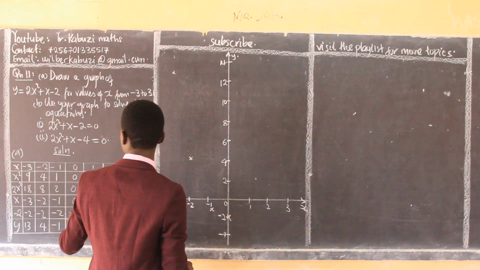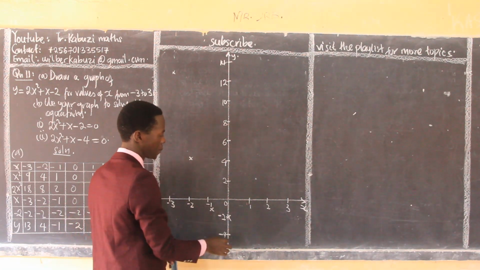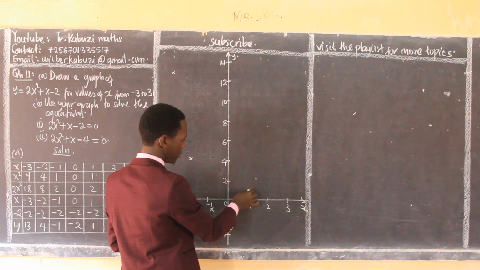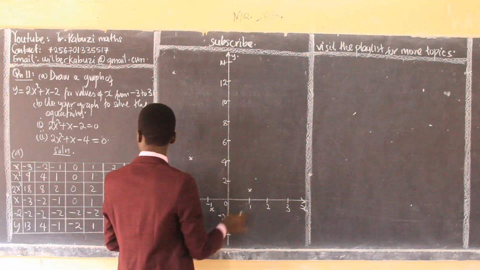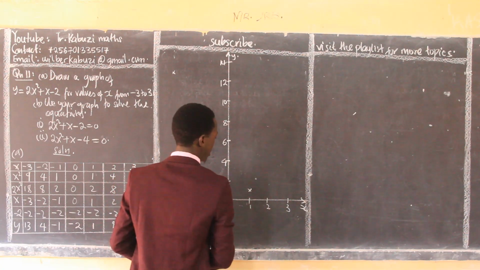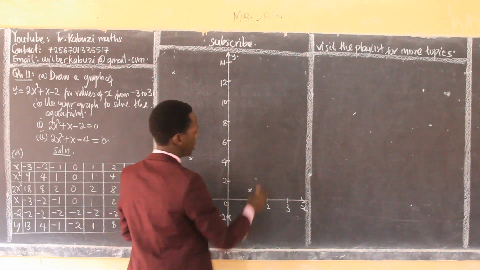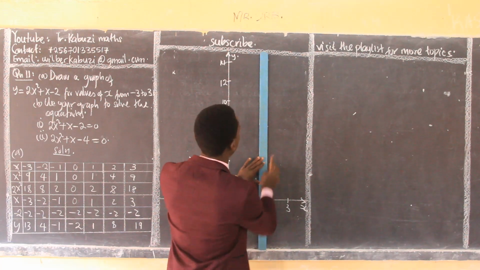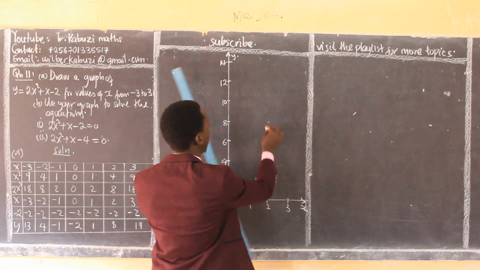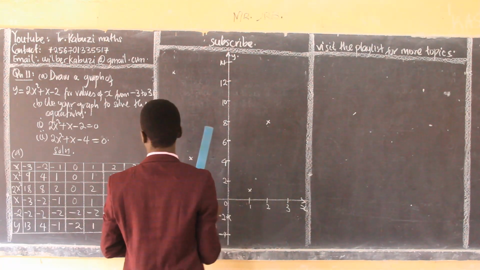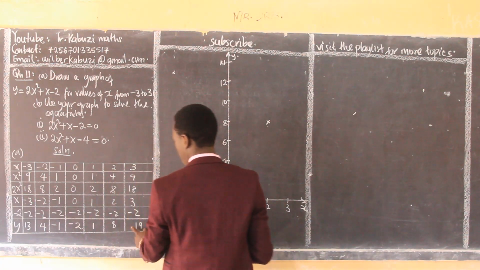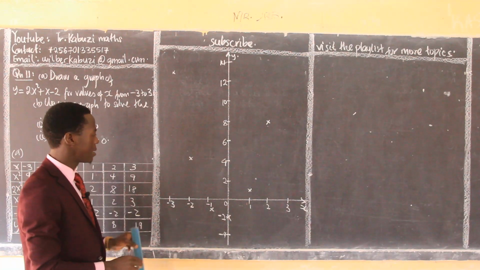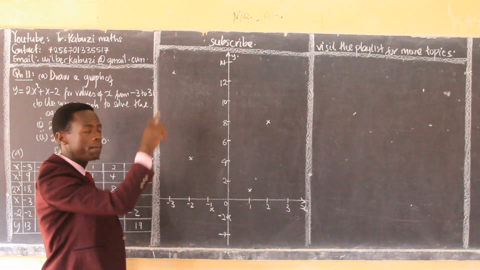Then I have 1, 1 around here. Then 2, 8 around there. Then I have 3, 19 up there, but because I have limited space, I can't put it, but I have to put it there.